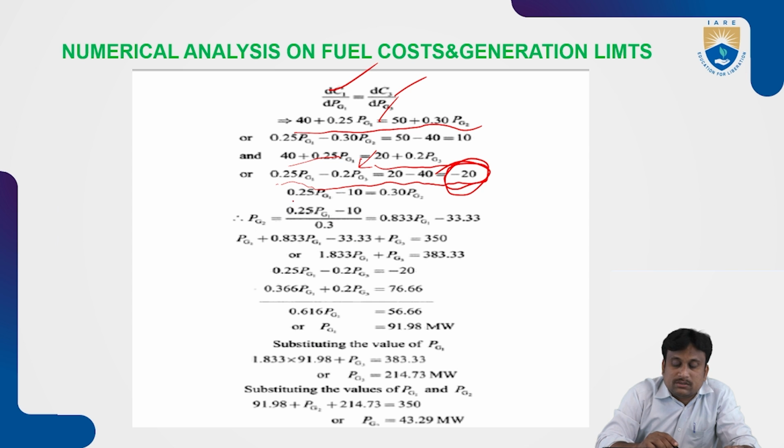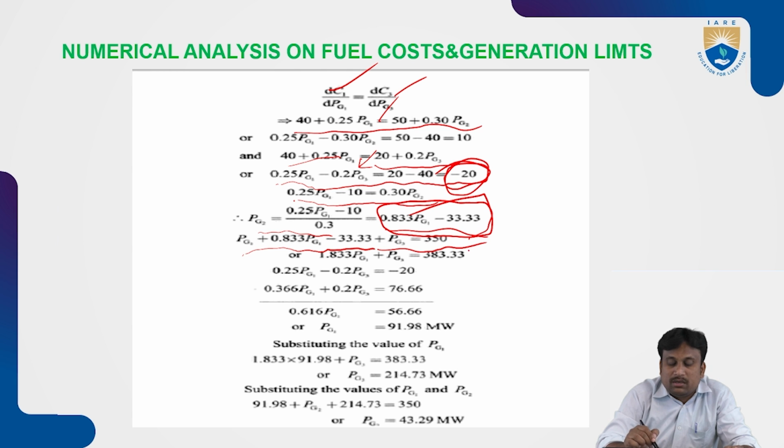With this, 0.25 Pg1 minus 10 equals 0.30 Pg2, where Pg2 is (0.25 Pg1 minus 10) by 0.3, which equals 0.833 Pg1 minus 33.33. So Pg1 plus 0.833 Pg1 minus 33.33 plus Pg3 equals 350.